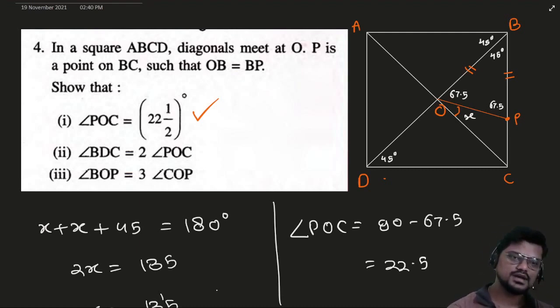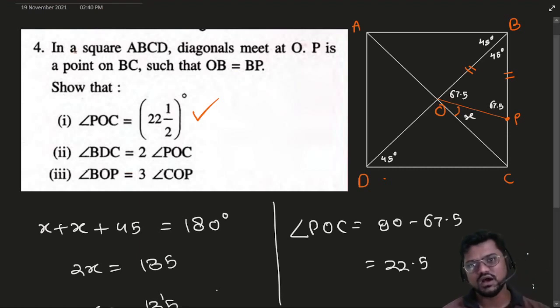Tell me how we can prove angle BDC is twice of angle POC. Sir, here we can do BCO is equal to 45 degrees. Yes, we can take that, but we need to prove how angle BDC is twice of angle POC.